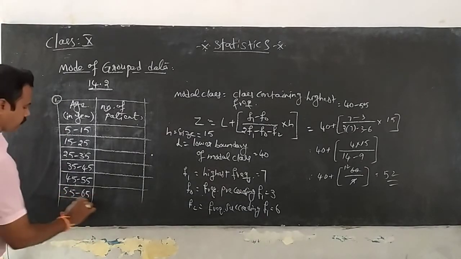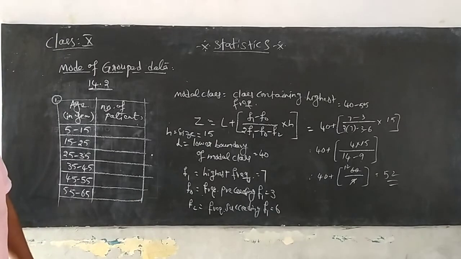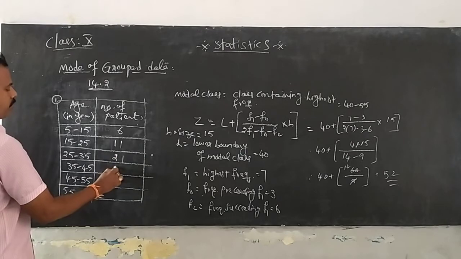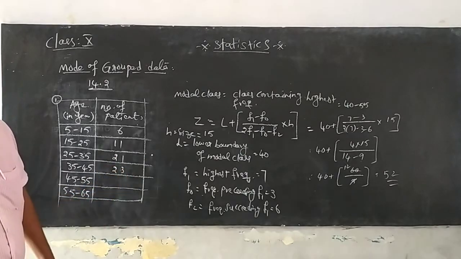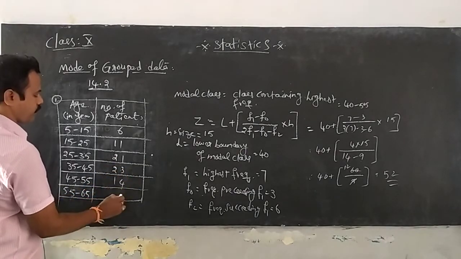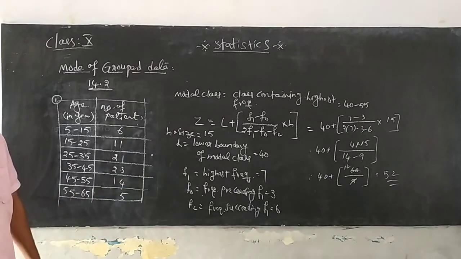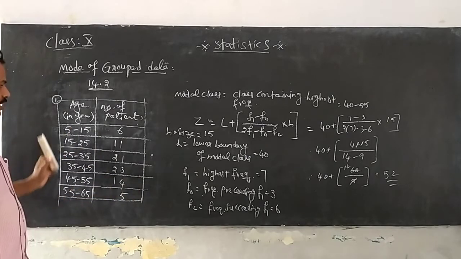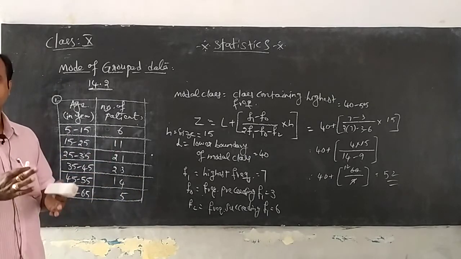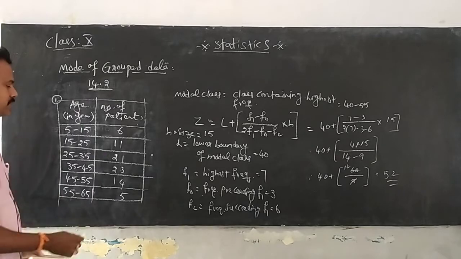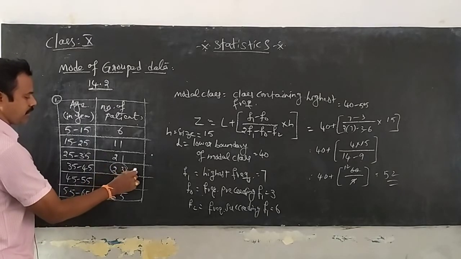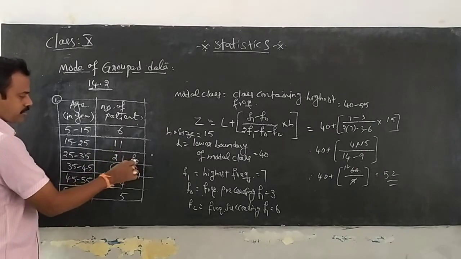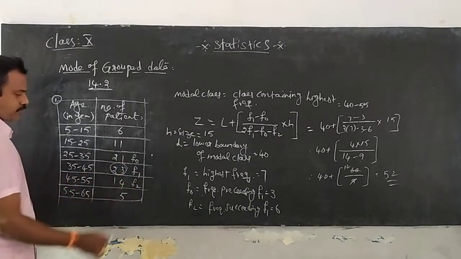The frequencies are 6, 11, 21, 23, 14 and 5. Now you want to find the mode of this distribution. First, identify the greatest frequency, 23. Take it as F1. The one above it is F0, and the one after it is F2.